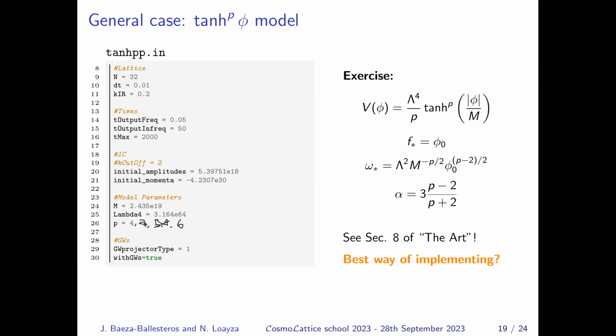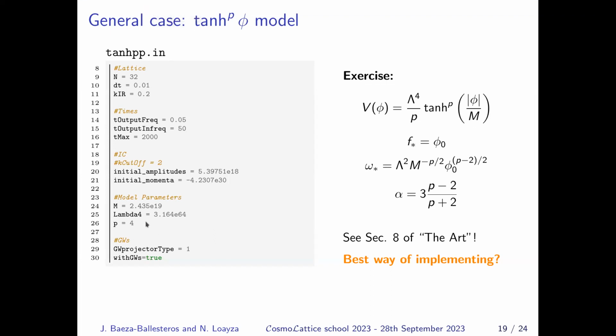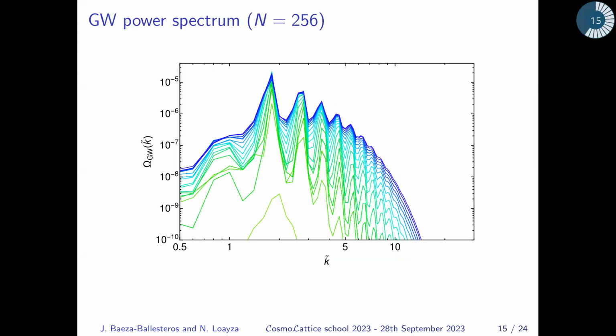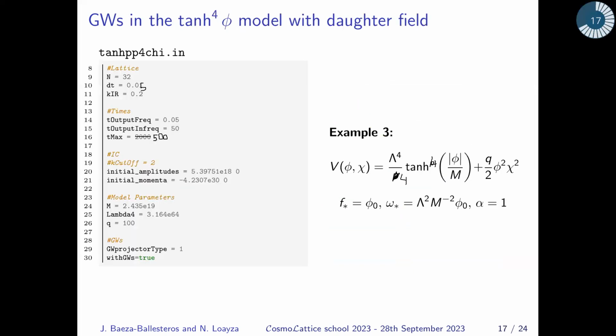The problem is that, imagine you try to do the simulation with P equal to 4. What you will find is that the simulation is slower than the one we were doing before. Why is the simulation slower?